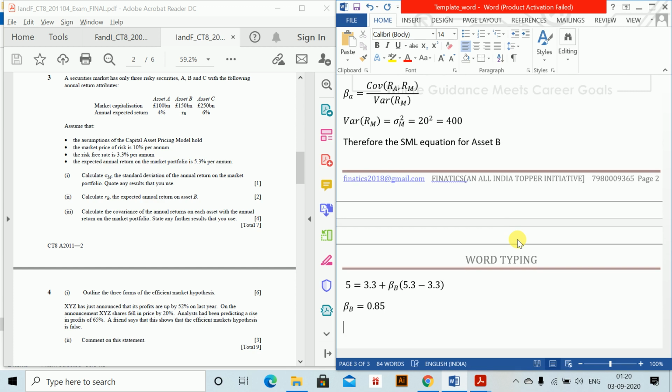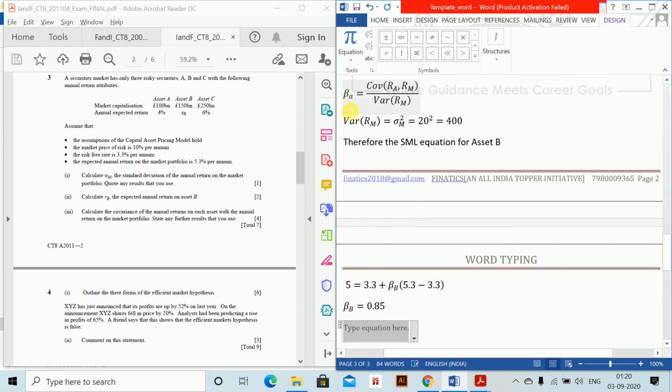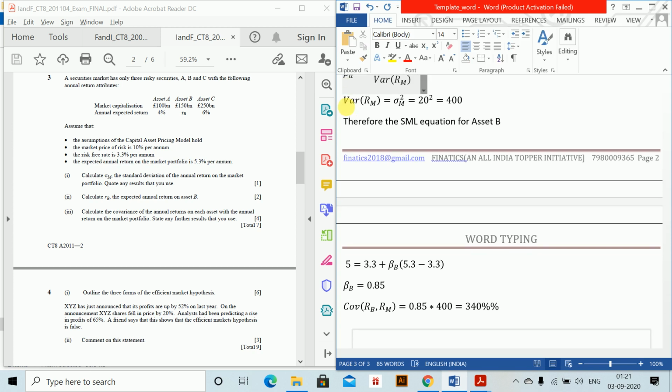Okay. Now the covariance of r_B and r_M equals 0.85 times 400, which equals 340%.